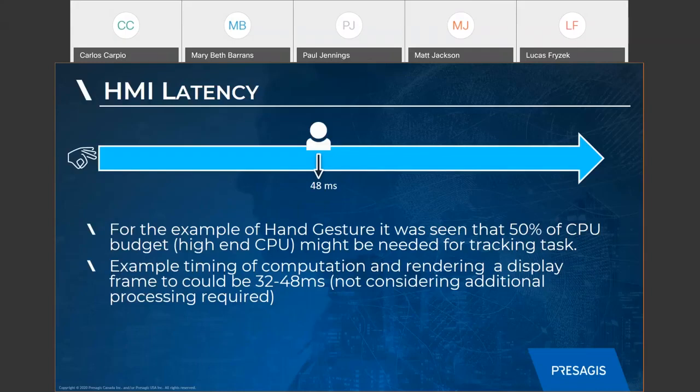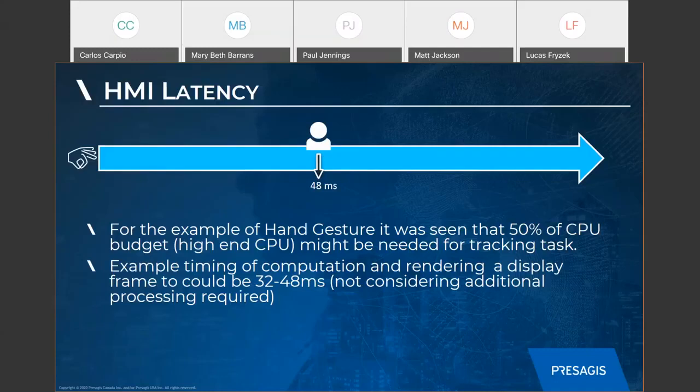Obviously, the challenge with that, in this particular case with a hand gesture, is latency. If I want to use this single HMI platform, the local computing power could take up to 50% of the CPU budget on a high-end CPU, just for tracking the hand on the screen.